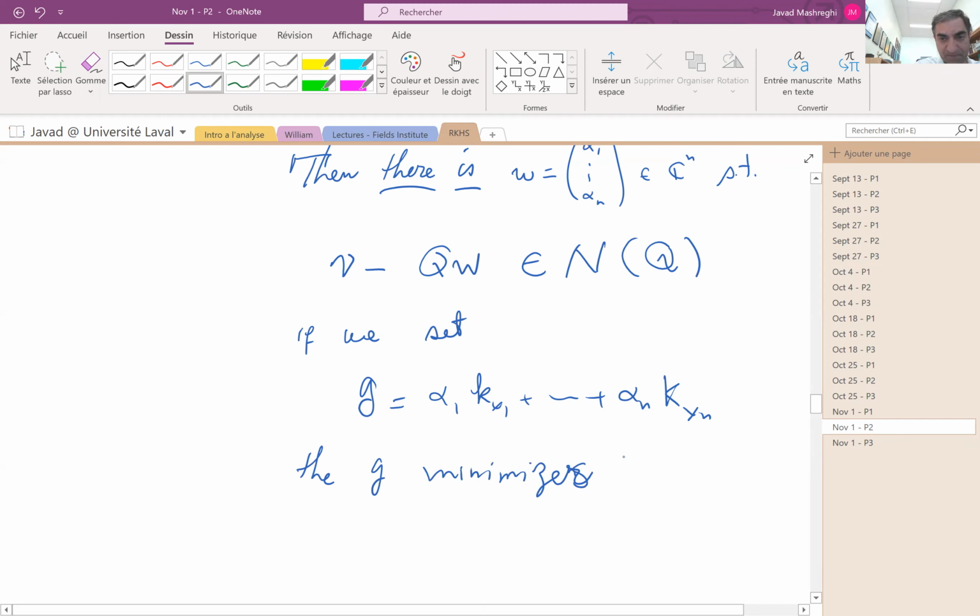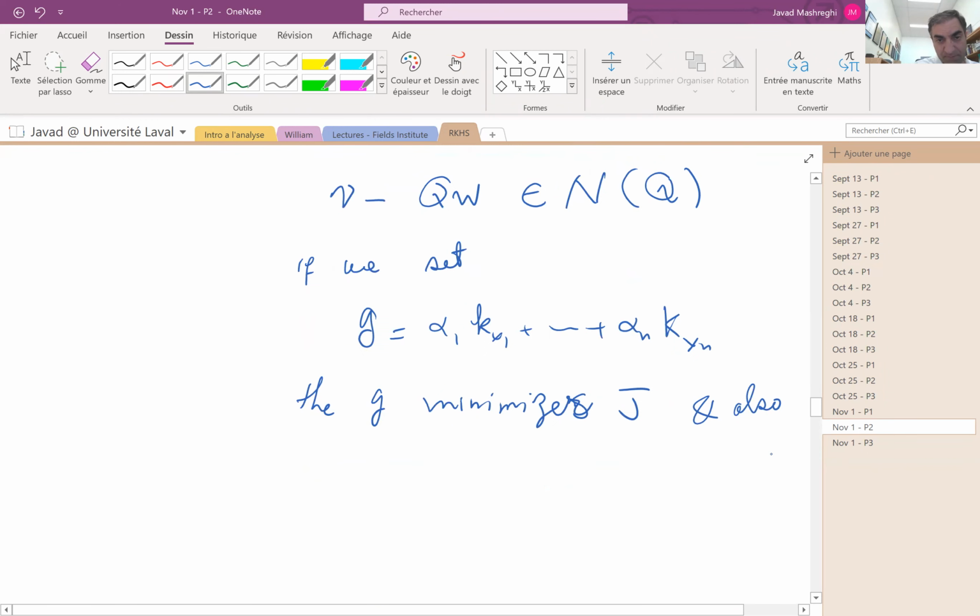And also, g is the unique function of minimal norm with this property.